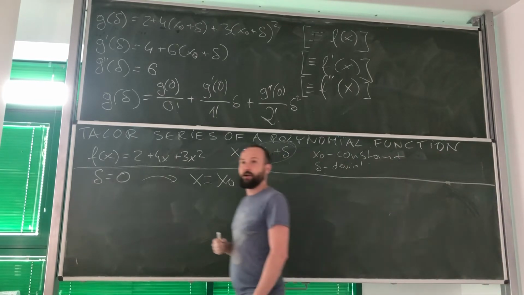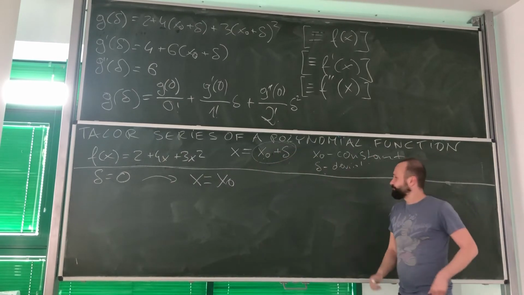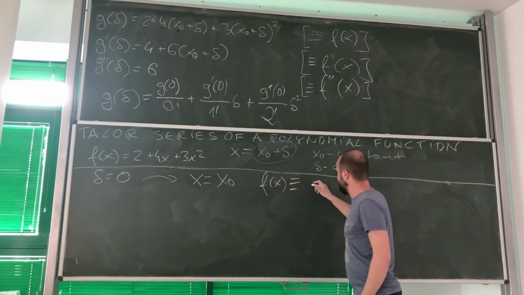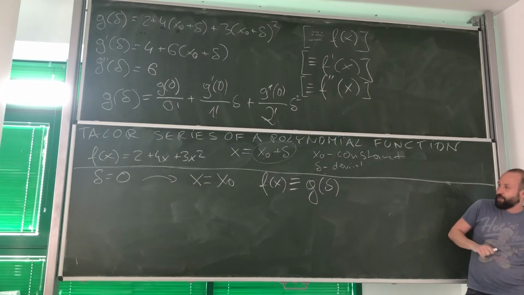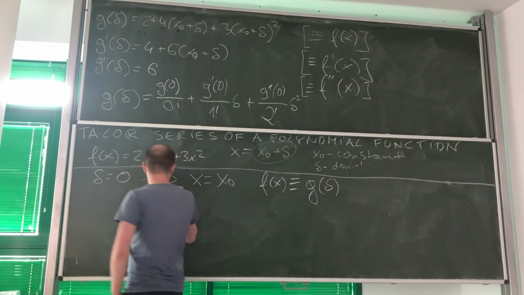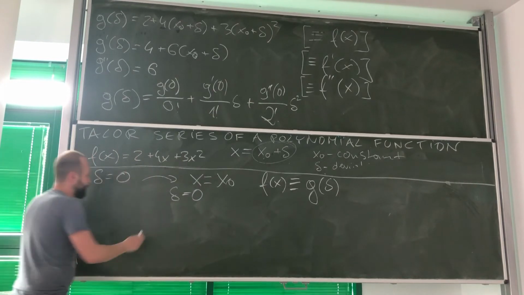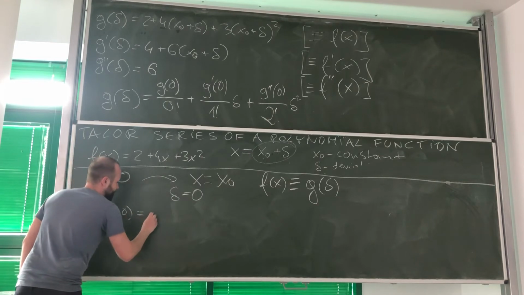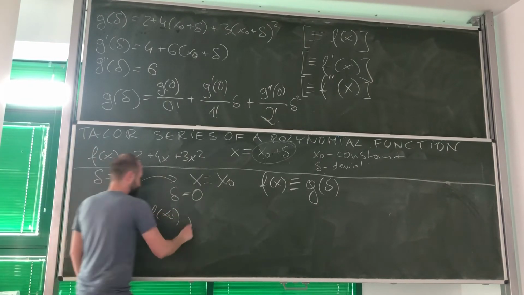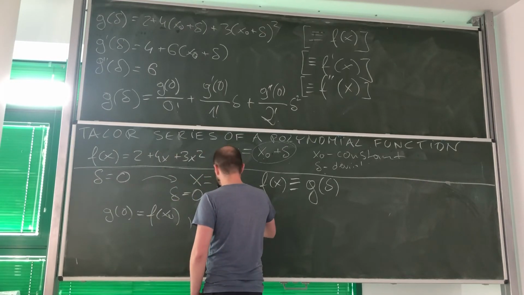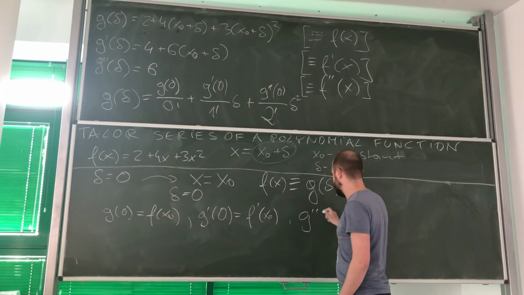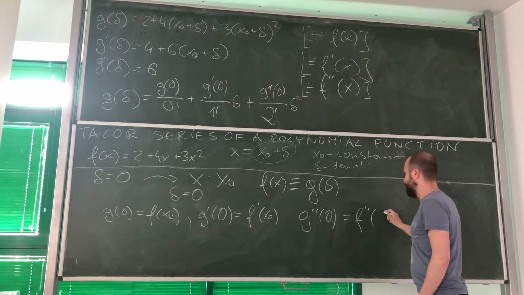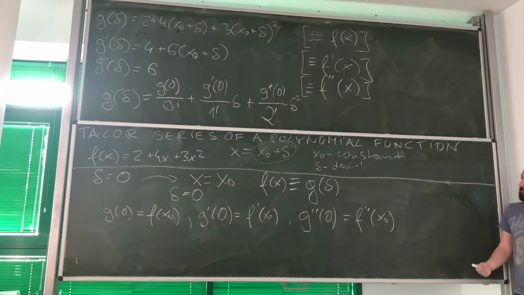Moreover, because f of x is the same function as g of delta for the case delta equal to 0, what will we have? g of 0 is equal to f of x0. g prime of 0 is equal to f prime of x0. And finally, g double prime of 0 is equal to f double prime of x0. Again, look, we have actually come quite a long way.